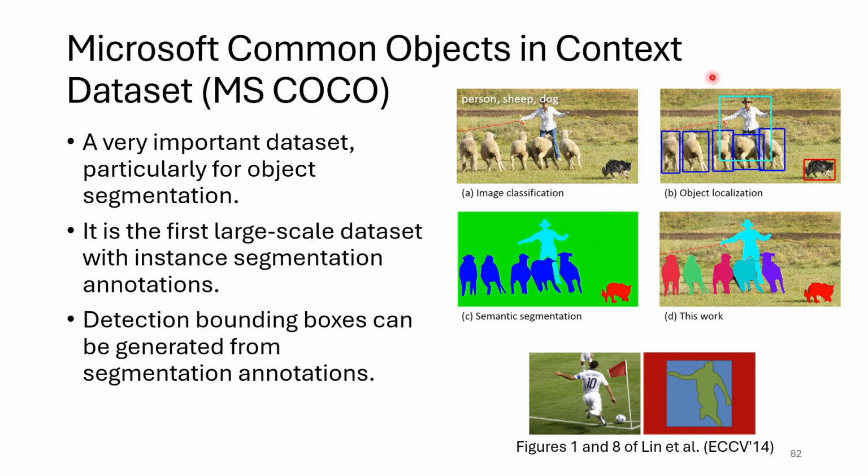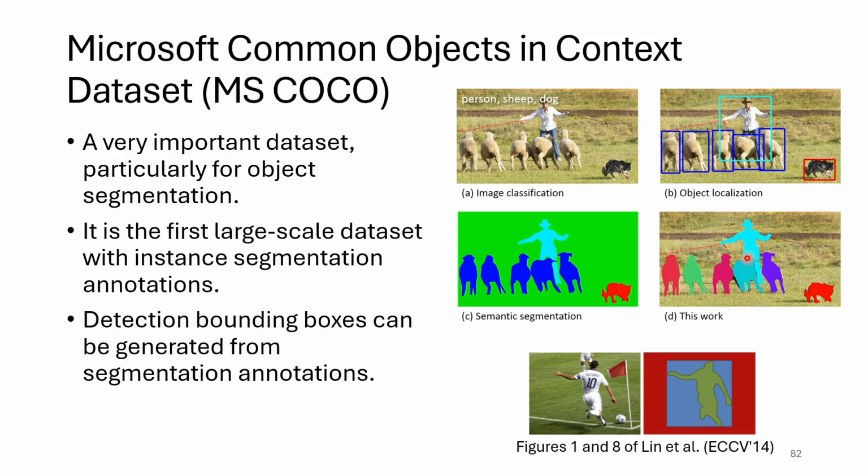If we want to detect an object, we will only provide the bounding box. So there are bounding boxes for the man, for the sheep, and for the dog. But in this work, Microsoft provided the segmentation labels for each of the instances.